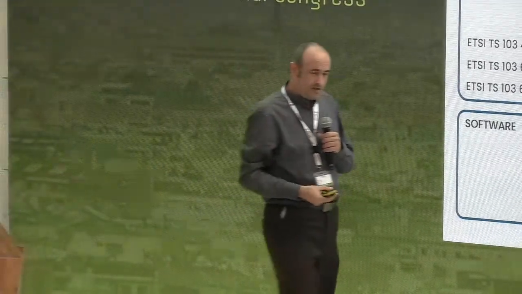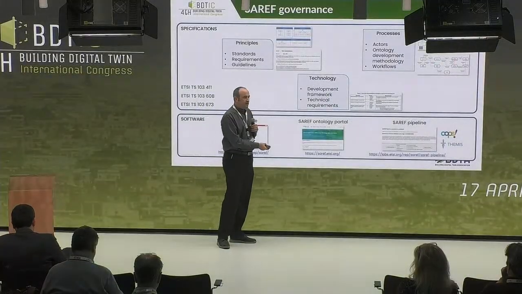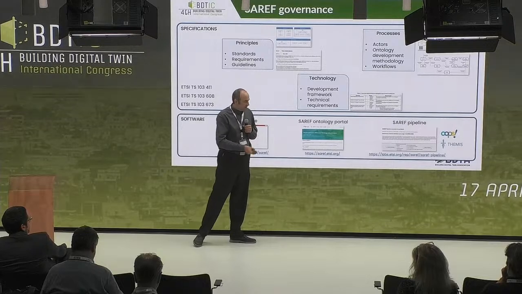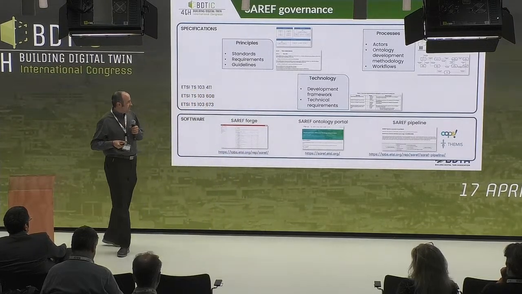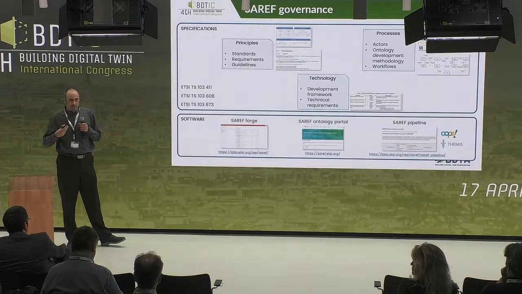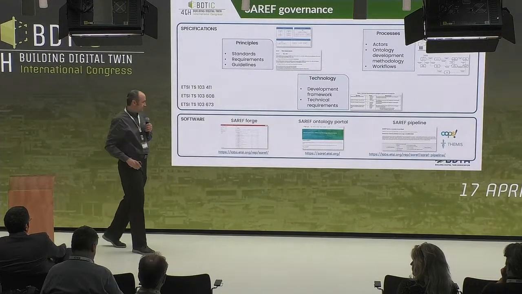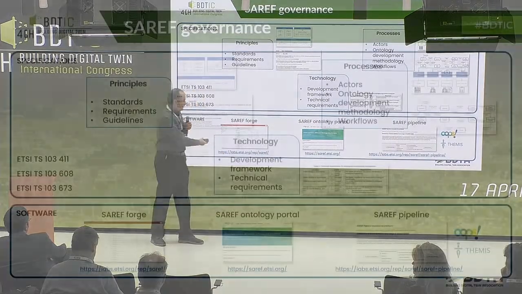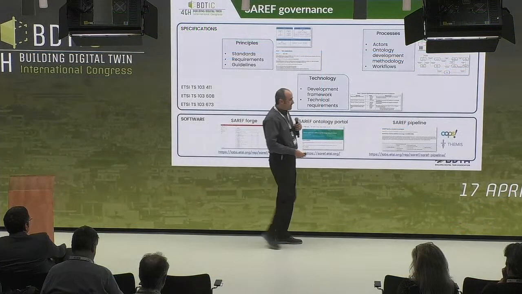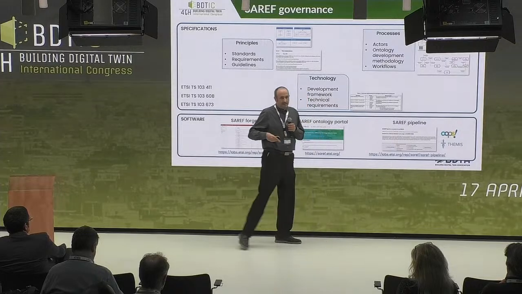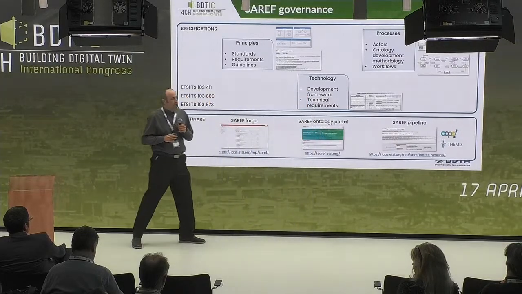And of course, we support this with technology, following these requirements. We have an ontology portal where everyone can go and check the latest status of the ontologies and all the previous versions. We have a version control system where you can submit change requests, defects, whatever you can find. And we have the Saref pipeline that checks the correctness and compliance of the ontologies.